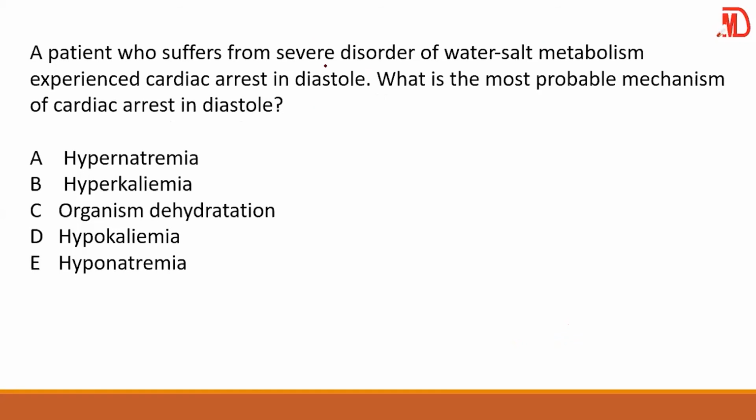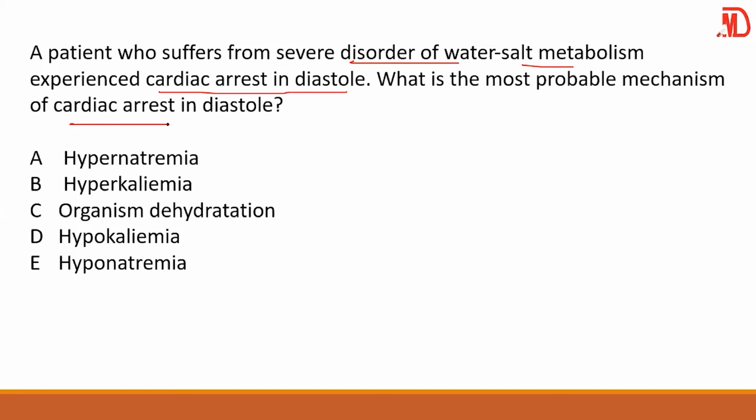A patient who suffers from severe disorder of water-salt metabolism experiences cardiac arrest in diastole. What is the most probable mechanism of the cardiac arrest? And we know the electrolyte that has to do with the heart, that's what we always monitor, is potassium.